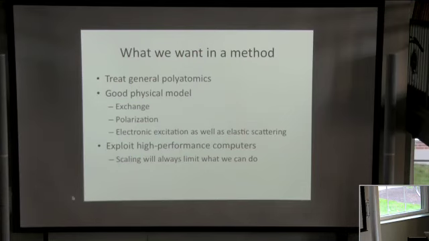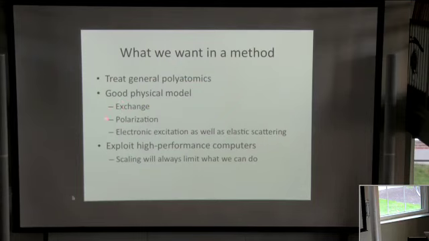What do we want in a method? This is the question we asked ourselves some years ago. The answer was, we'd like to be able to treat general polyatomic molecules, no begging and borrowing about symmetry. We'd obviously like a good physical model.